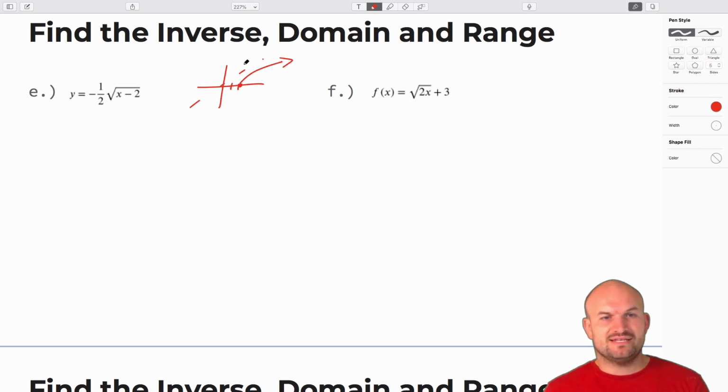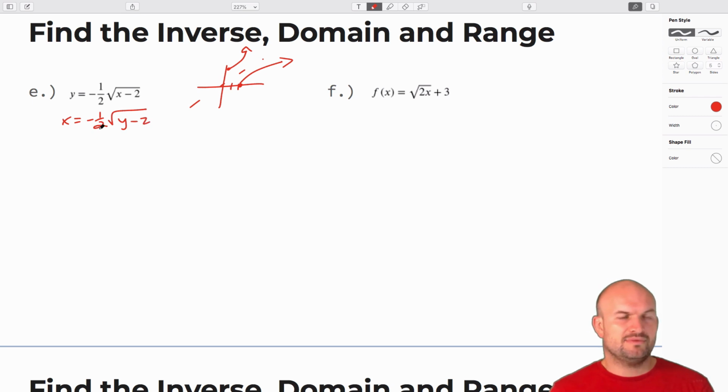Therefore, when I reflect this, I'm only going to want the positive version of my quadratic. So x is equal to negative 1/2 square root of y minus 2. Let's multiply by negative 2 on both sides. So that becomes negative 2x equals the square root of y minus 2. Let's square both sides. So that becomes a positive 4x squared equals y minus 2.